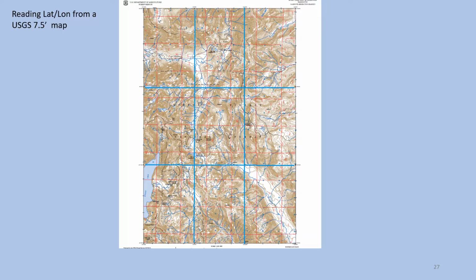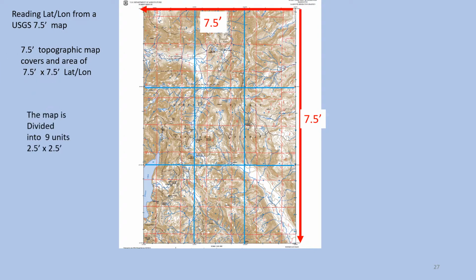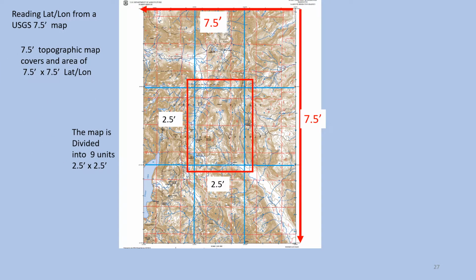A 7.5-minute topographic map covers an area of 7.5 minutes of latitude by 7.5 minutes of longitude. The map is divided into 9 units, 2.5 minutes by 2.5 minutes. 2.5 minutes is equivalent to 150 seconds.